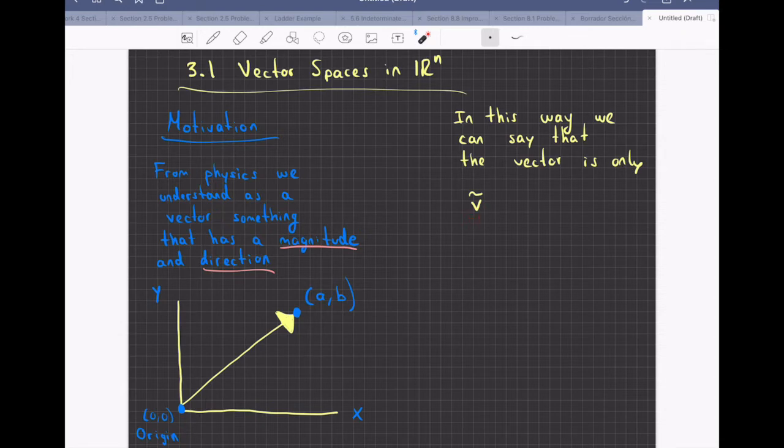So if I'm saying this is a vector, then the vector has only two components, A and B, you see? And of course, it is only an ordered pair of numbers.